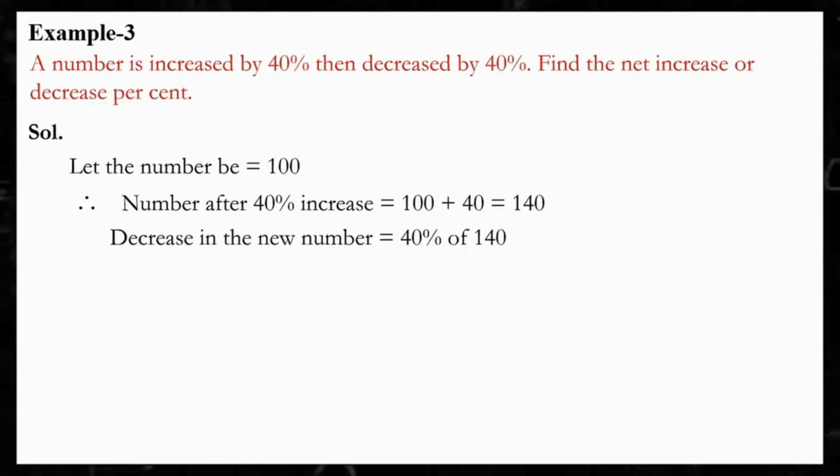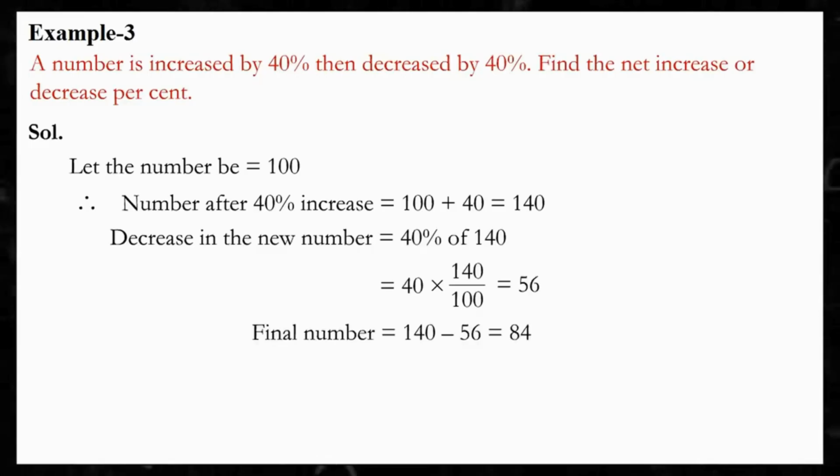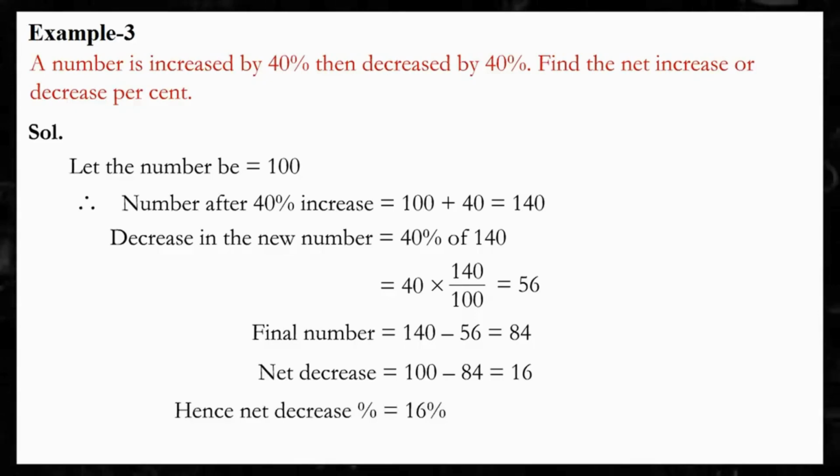Decrease in the new number is equal to 40% of 140, which is equal to 40 into 140 upon 100, which is equal to 56. Final number is equal to 140 minus 56, which is equal to 84. Net decrease is equal to 100 minus 84, which is equal to 16. Hence, net decrease percent is equal to 16%.